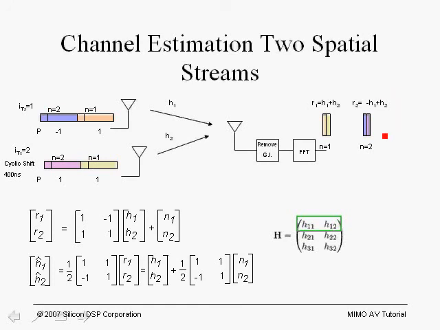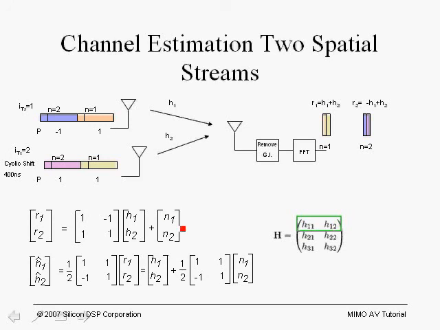If we collect these two received signals, R1 and R2, at the two different time slots, we can organize them into a vector. So we have a vector R1 and R2. Then R1 and R2 is equal to the matrix P, which is 1, 1, minus 1, 1, times the vector H1 and H2, which are the unknown complex channel frequency responses at the carrier, plus a vector corresponding to the noise in the receive chain.